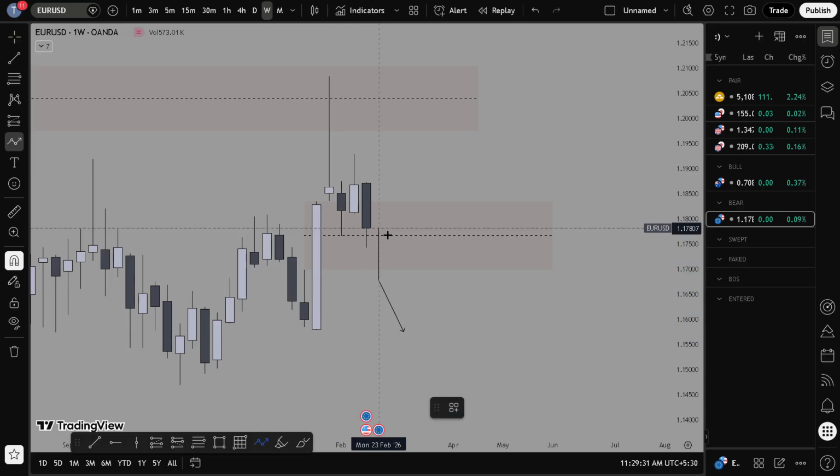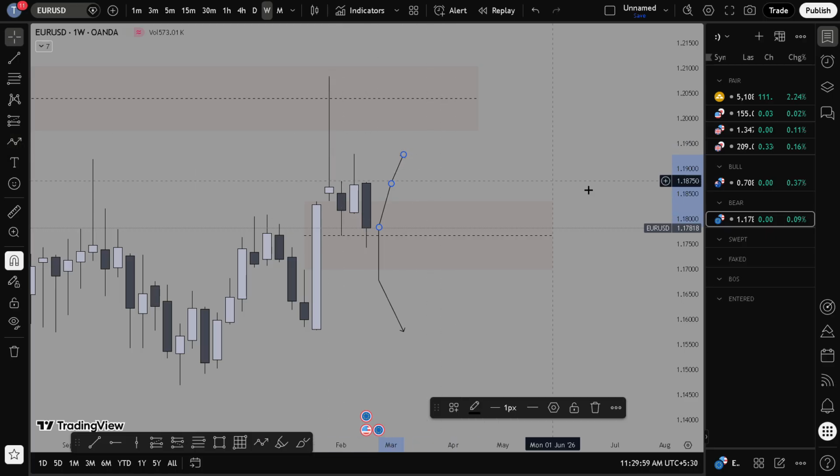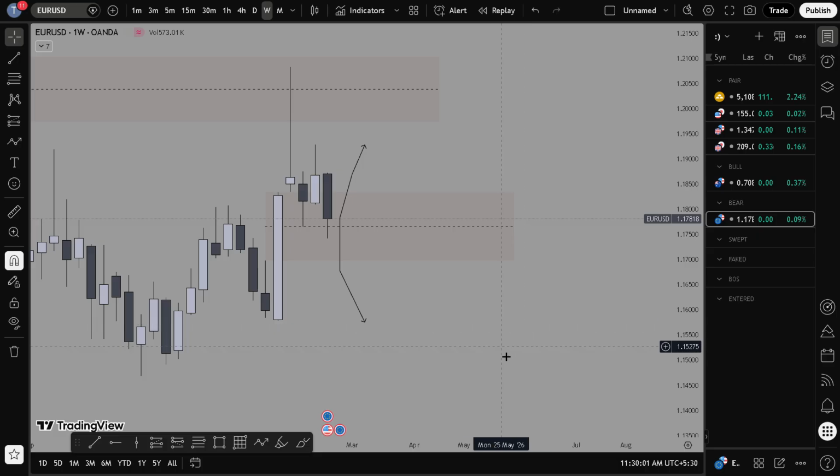Another possibility: since we got this second penetration into this fair value gap, maybe in the coming week we might go up and take out this previous high and this swing high. That's possibility two.